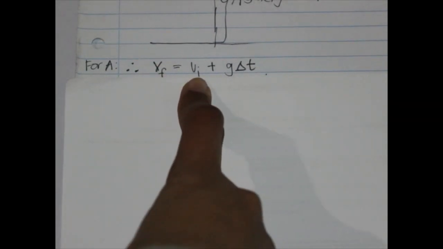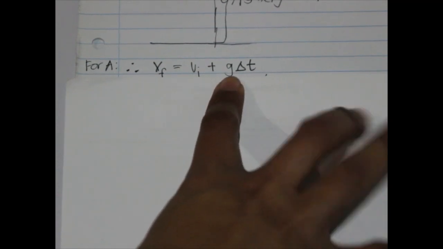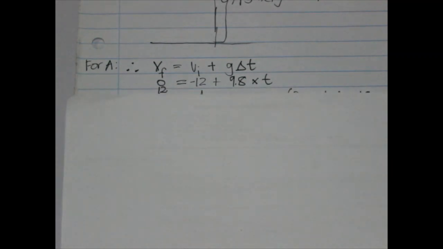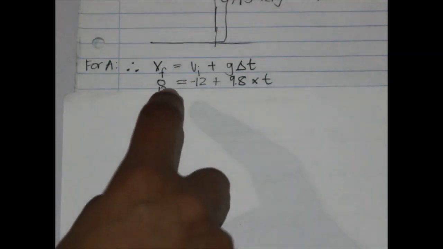And then, because we chose this equation, our final velocity is equal to our initial velocity plus our gravity times the difference in time. We then substitute all of the information into this equation.